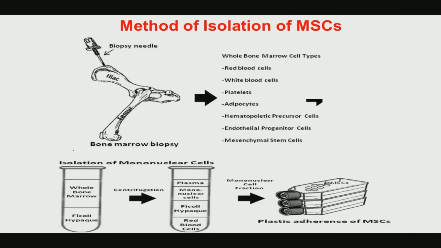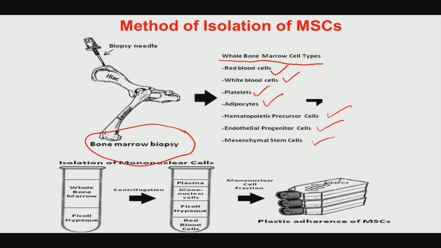There are specific biological methods to isolate mesenchymal stem cells. Like bone marrow derived stem cells, here it is shown as a case of a bone marrow biopsy. You take this biopsy needle, and then there are different whole bone marrow cell types like RBC, WBC, platelets, adipocytes, as well as hematopoietic precursor cells, endothelial progenitor cells and mesenchymal stem cells.